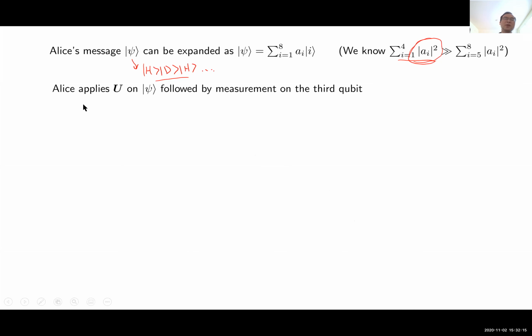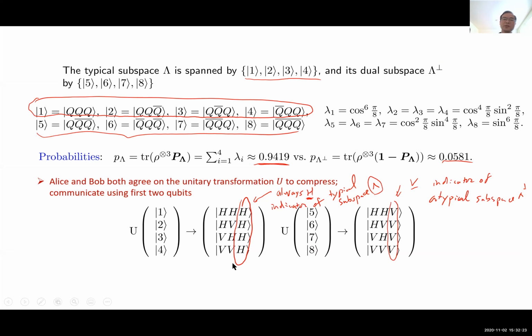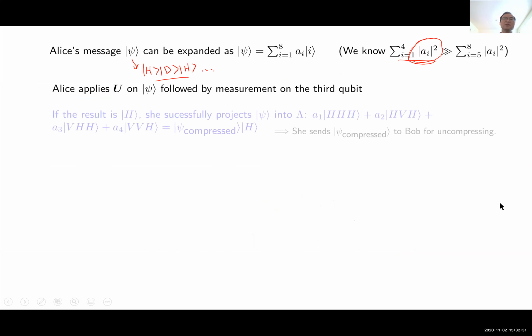Assume Alice applied it to her message, and then she measures the third qubit. If you measure the third qubit and it's H, then you know it's in the typical subspace. If it's V, then it's not. So if H is what she obtained, she successfully projects psi into the typical subspace.